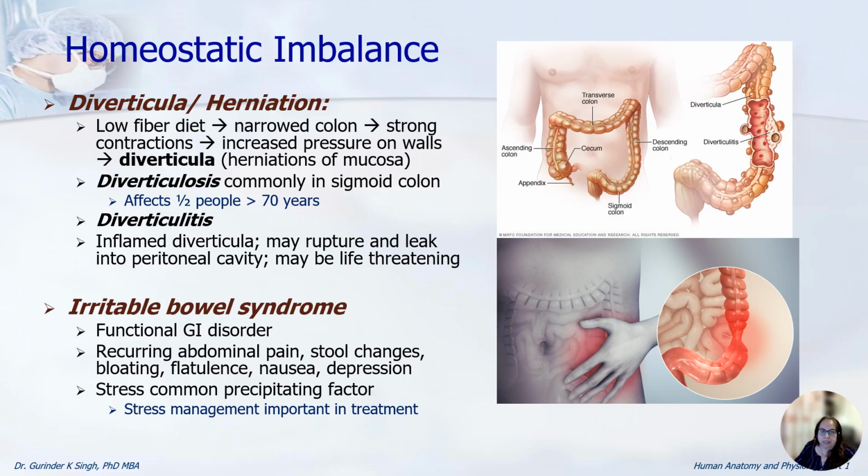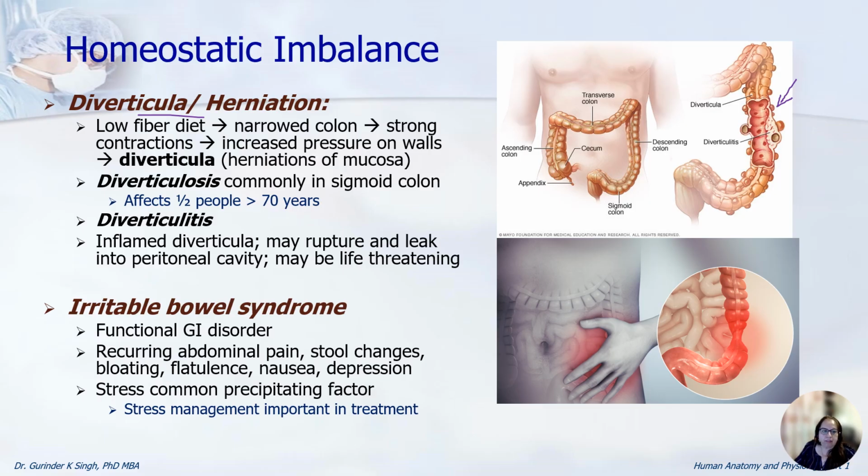Some of the homeostatic imbalances of the large intestine or colon are diverticulosis or herniation. This is when there is less fiber and people are constipated. So as the dried feces passes through, it actually injures the lining, and then that can cause pouches inside the wall of the colon.